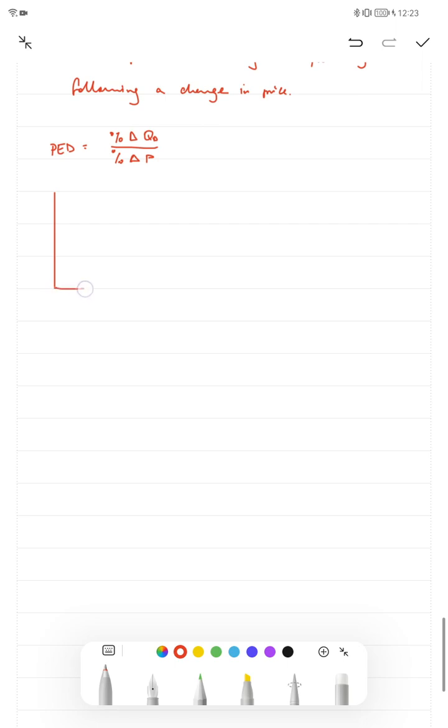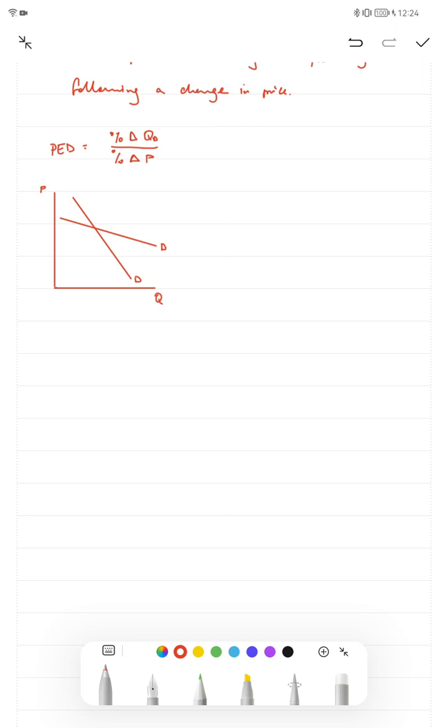For example, it will tell you the difference between a demand curve that is very steep or a demand curve that is flatter. And it will let you know why it's like that and what that will really impact. So we can say that something that is flatter is more elastic and something that's steeper is more inelastic.